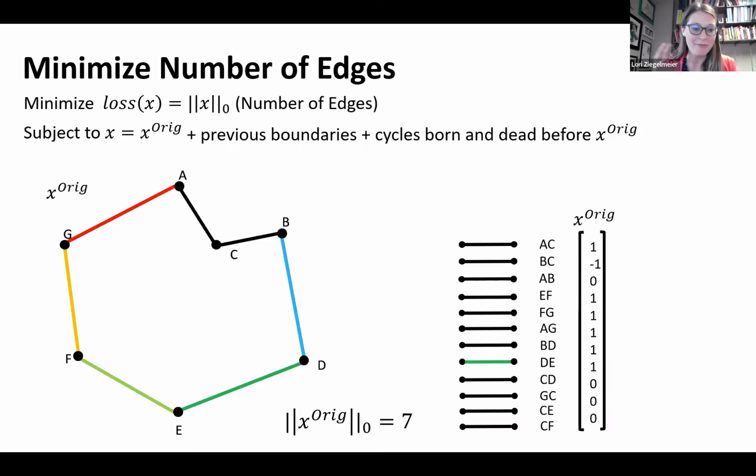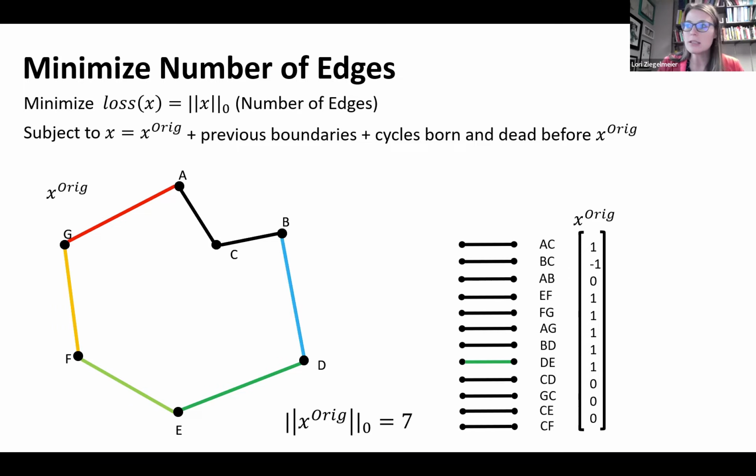Now, if you do that, you could actually have cycles then that die after X original, so you don't end up with a persistent homological cycle basis. So we add that constraint that it also needs to die before X original.